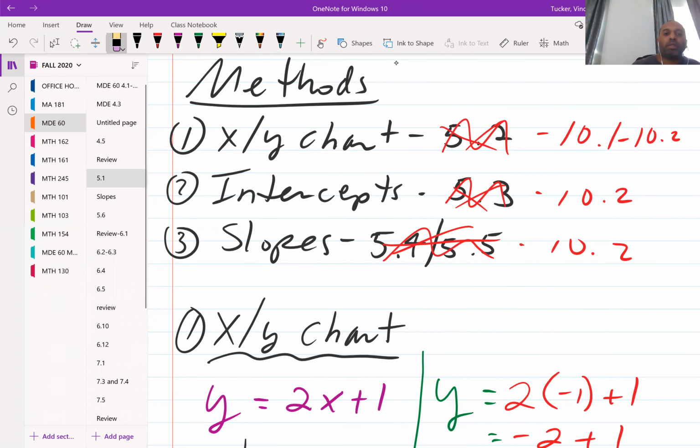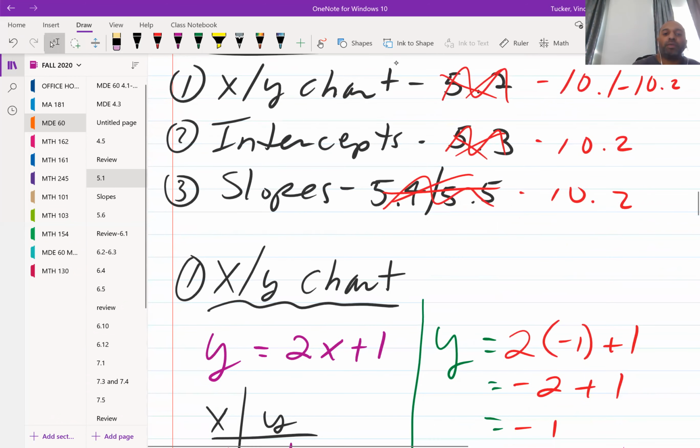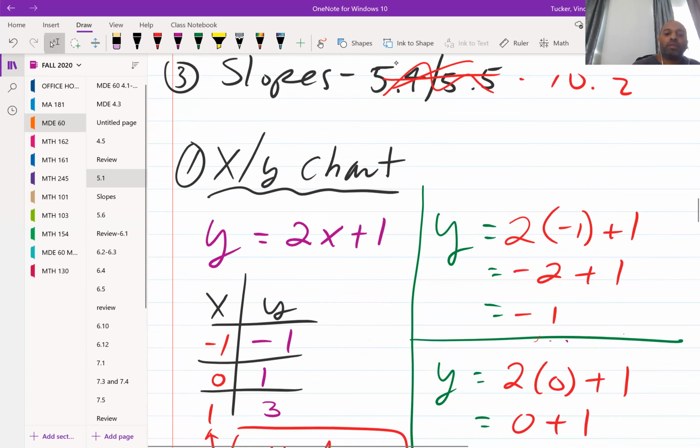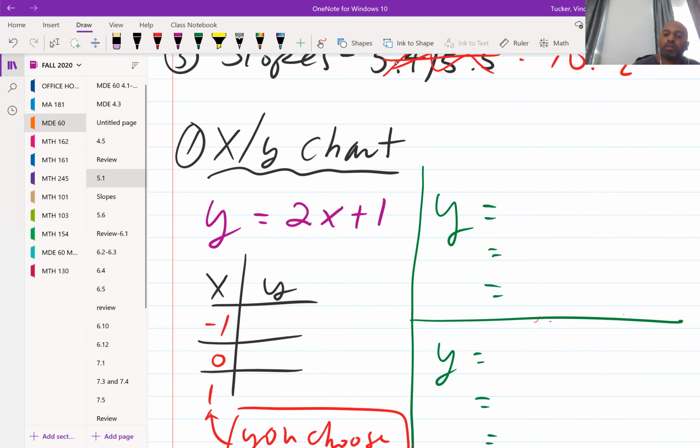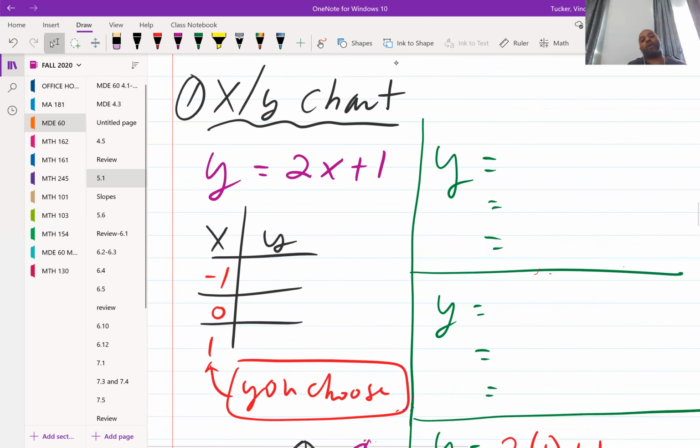All right, so let's look at the first one. I'm going to erase this stuff so we can walk through it. Let's say we want to graph y equals 2x plus 1. What you would do is choose x values. Notice I said you choose.